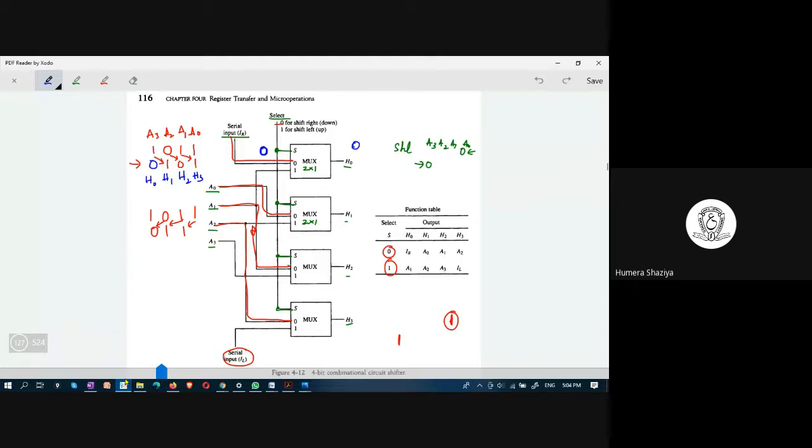Then what are you doing? You are shifting A0 to, okay, here they are using the numbering in this order. That's why it is getting confusing.